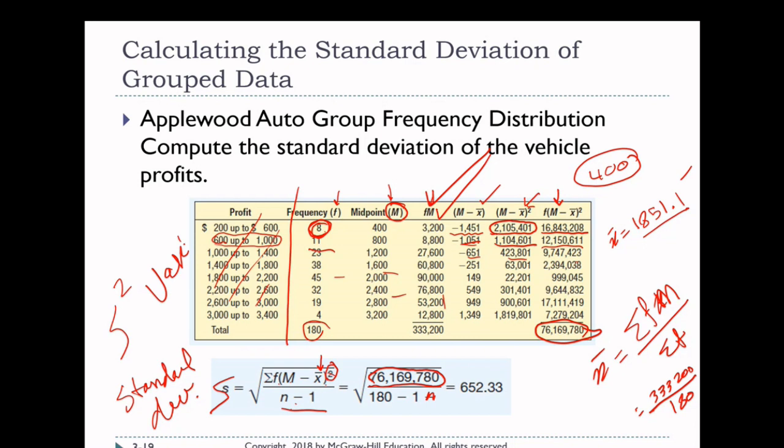If a question asks to find the variance, you need to find S square. That's all, no need for the square root. If asked for the standard deviation, which is S, we need to find the square root of this answer, which becomes 652.33.